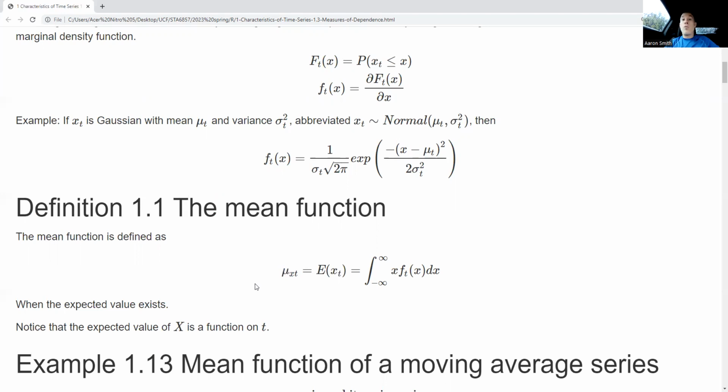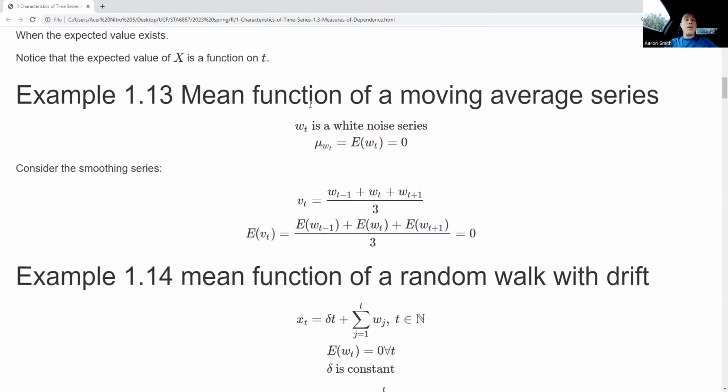This only applies when the expected value exists. Notice that the expected value of our time series is actually a function of time itself. As you work through this, sometimes time will be treated as a constant, sometimes as a variable. It depends on the context of what you're working on in that moment.